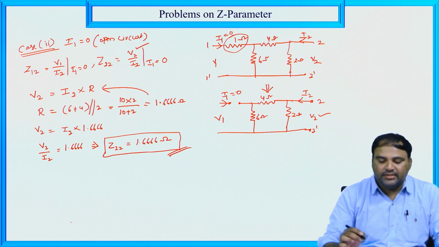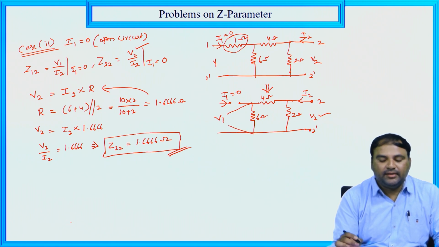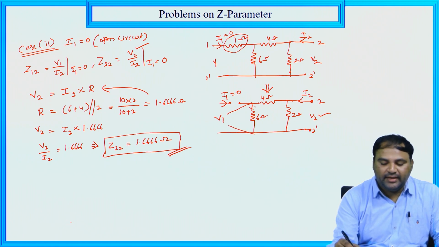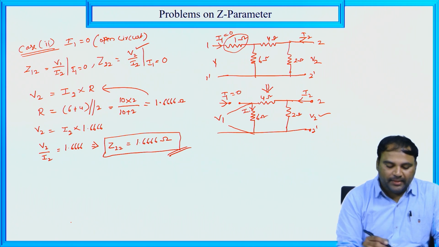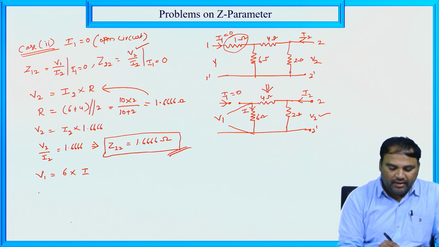So for Z12, we have to calculate the voltage drop at the 6 ohm resistor. Before that, take the current as I. Then V1 is equal to 6 into I. Now we need to calculate the current through the 6 ohm resistor.